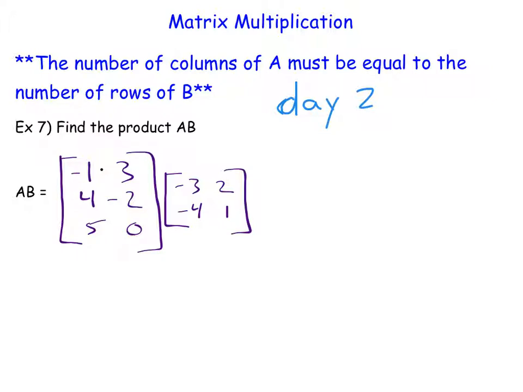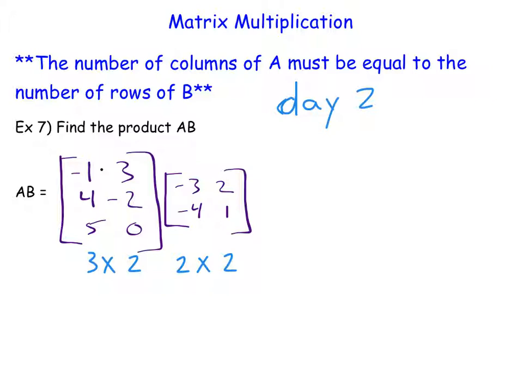So the first thing you might see here is you're like, hey, wait a minute. If you were thinking along the lines of the first day, you can't do that, right? Over here, you have a matrix that is a 3 by 2, and you're multiplying that by a 2 by 2. The orders don't match, can't do it.